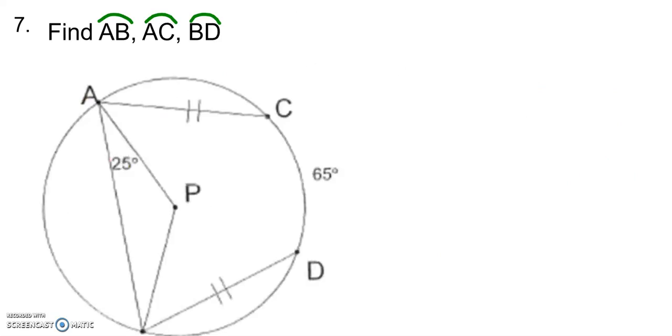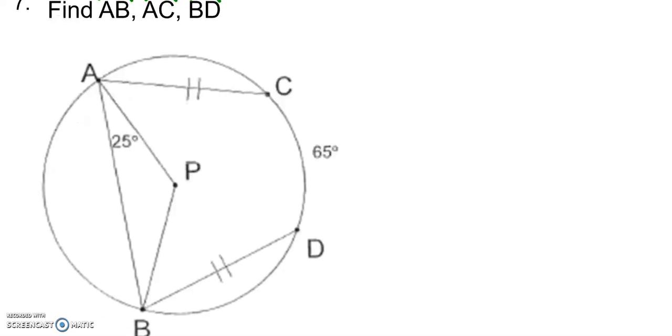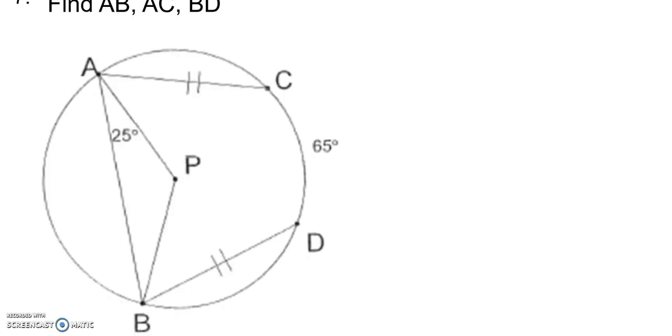And lastly, we're going to be finding arc AB, AC, and BD. So here we're going to start with AP and BP, which we know are both radii of the circle. So we know they're congruent to each other, which means that this is an isosceles triangle.